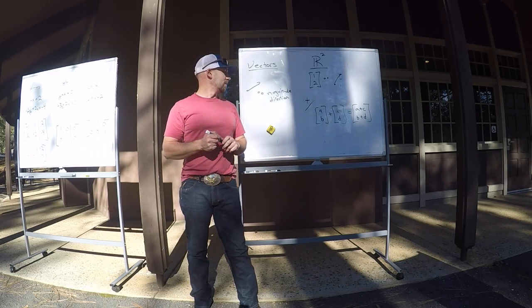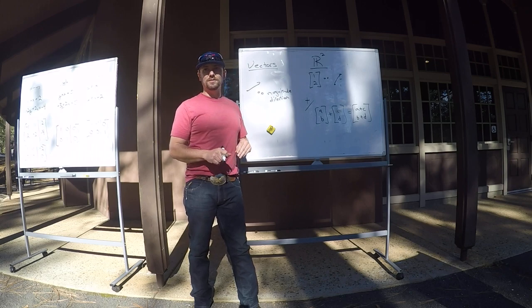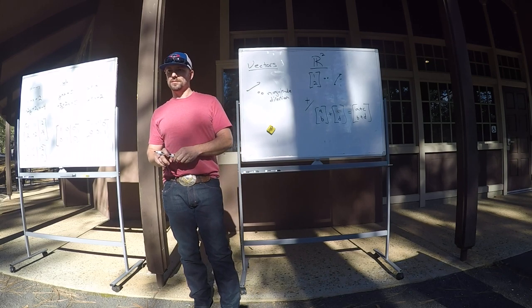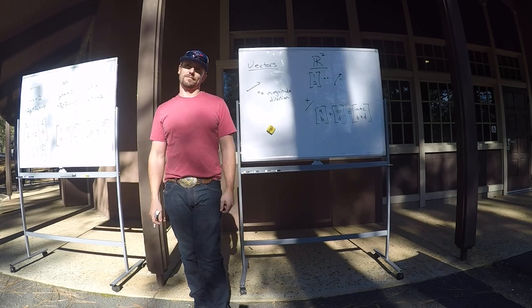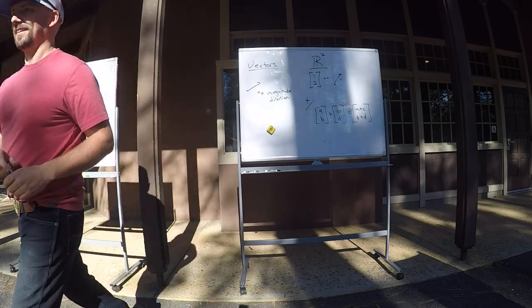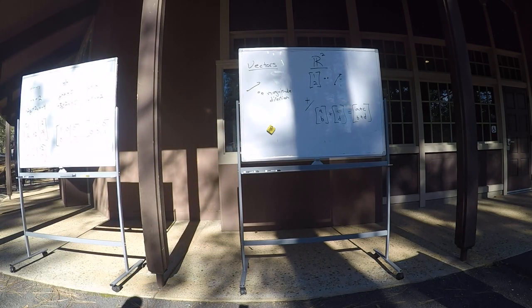Okay. The other operation that you have is what? What's the other basic operation? Subtraction. That's not an operation. You have scalar multiplication. Yup. Scalar multiplication is what I want. Yay.